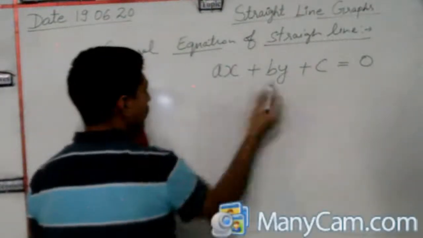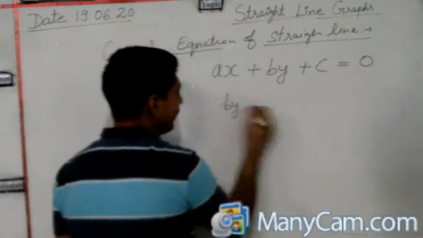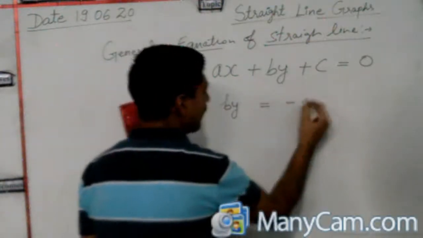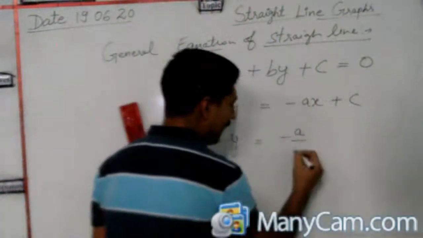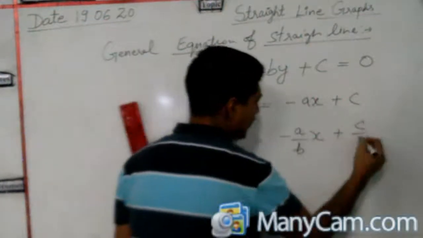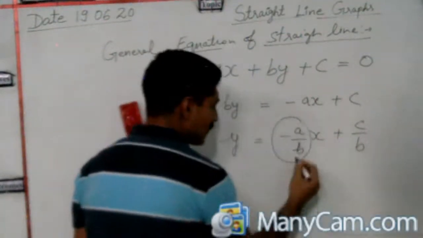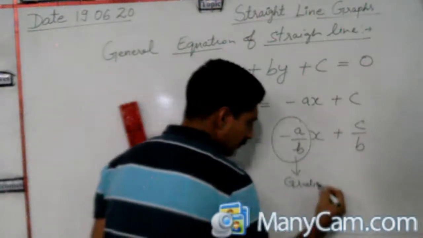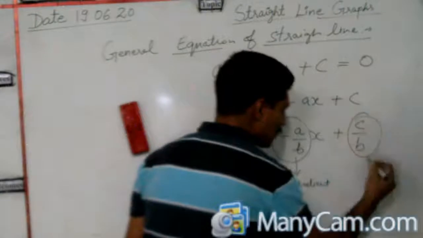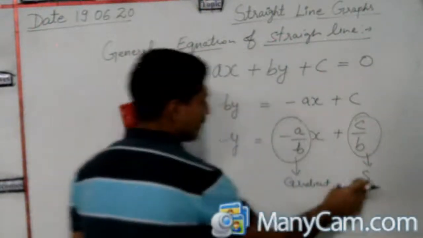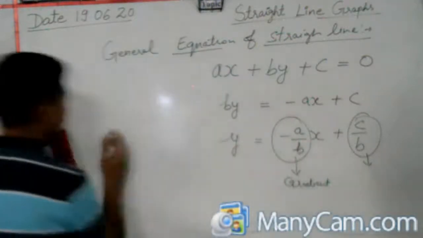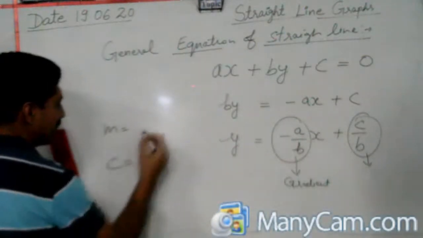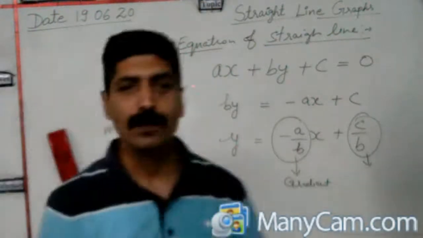In this way, we know that by is equal to minus of ax plus c, and y is equal to minus a upon b x plus c upon b, where this is called the gradient, and this is called the y-intercept, that is c. Here m is equal to minus a upon b, which is the gradient, and c is the y-intercept.